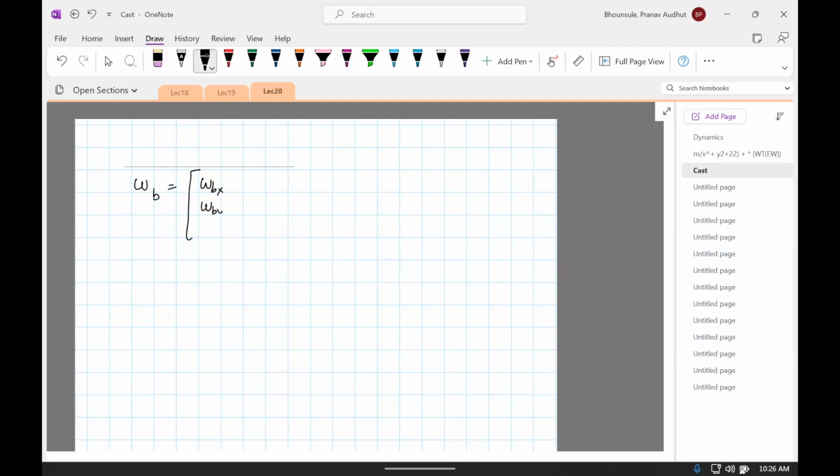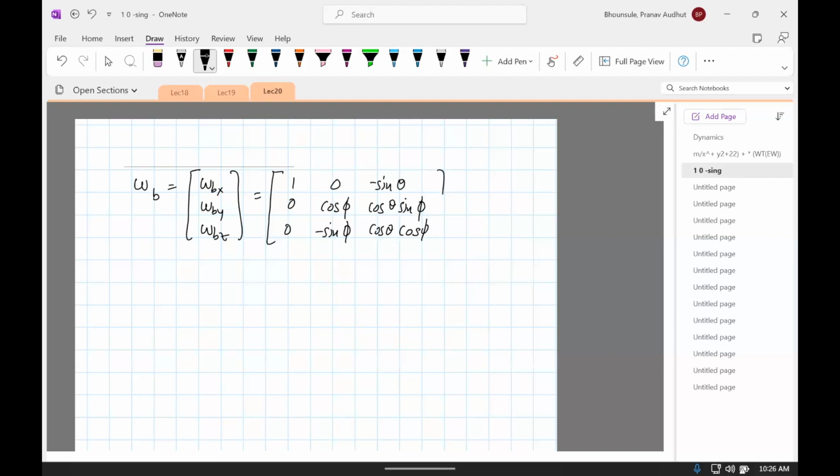Omega bx, omega by, omega bz equals the matrix 1, 0, minus sine theta; 0, cosine phi, cos theta sine phi; 0, minus sine phi, cos theta cos phi, followed by the Euler angular rates phi dot, theta dot, psi dot. So we'll use this in this form.